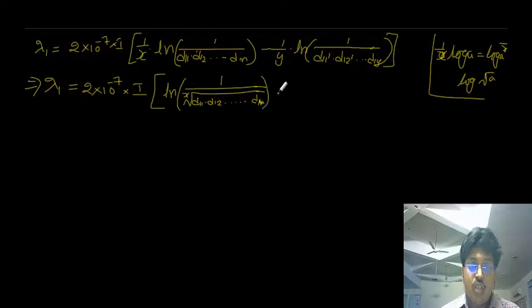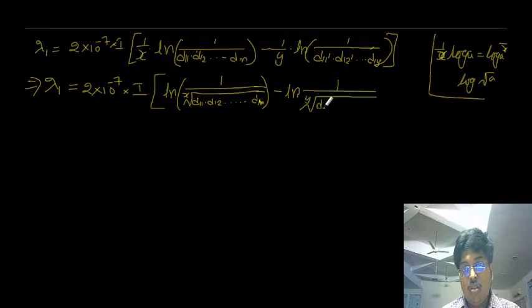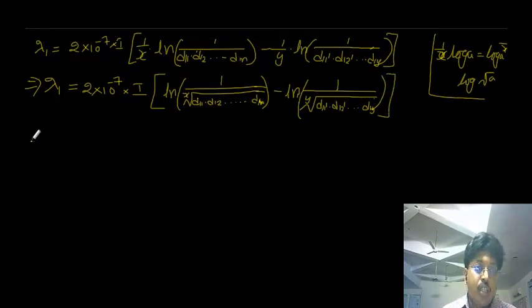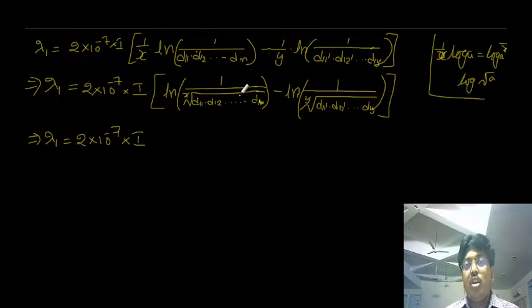Similarly here also we can write minus logarithm of 1 by y shifted into the logarithm, becoming y root, so 1 by y root of d11 dash into d12 dash into so on d1y. Now we can simplify this equation further. Log a minus log b is log a by b.